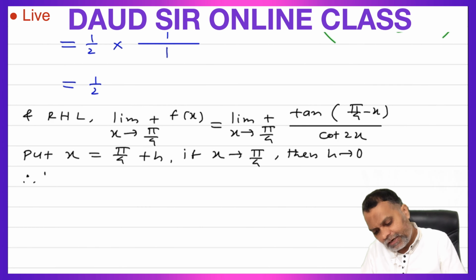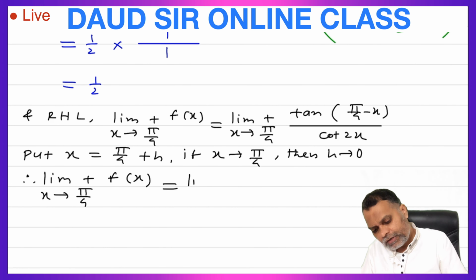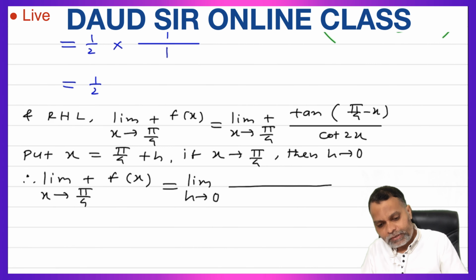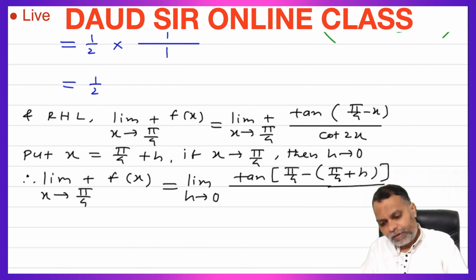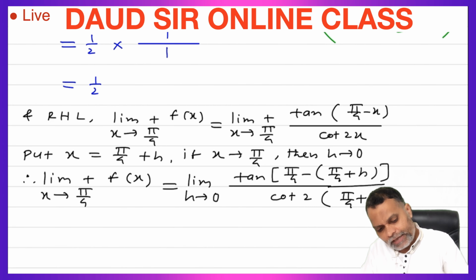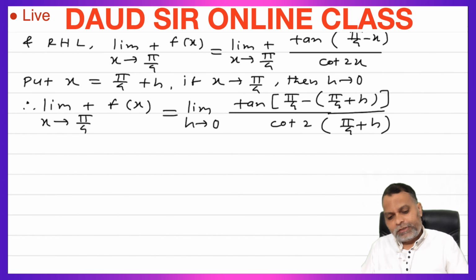Therefore, the right hand limit will become limit x tends to pi by 4 plus f of x is equal to limit h tends to 0 tan of pi by 4 minus x, that is pi by 4 minus pi by 4 plus h, upon cot 2x, where x is equal to pi by 4 plus h. Simplify this.